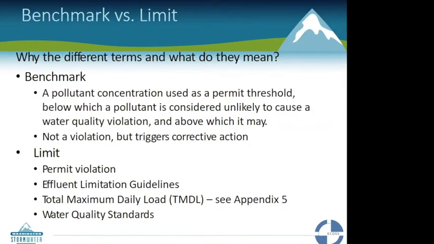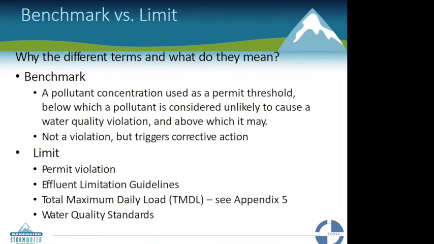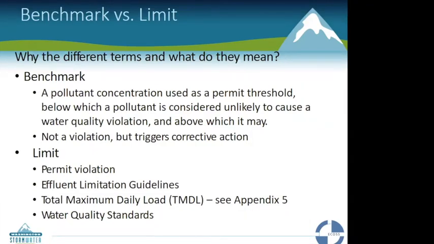Now, a limit only applies to certain facilities. It is a permit violation. So if you have, I'm just going to make something up, because the water body you're discharging into is so polluted, a discharge limit of 10 parts per billion of some pollutant, if you go over that, that is a permit violation.